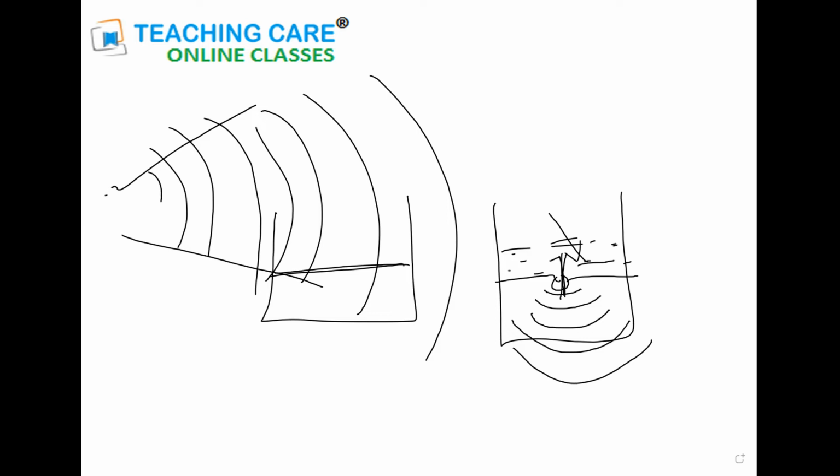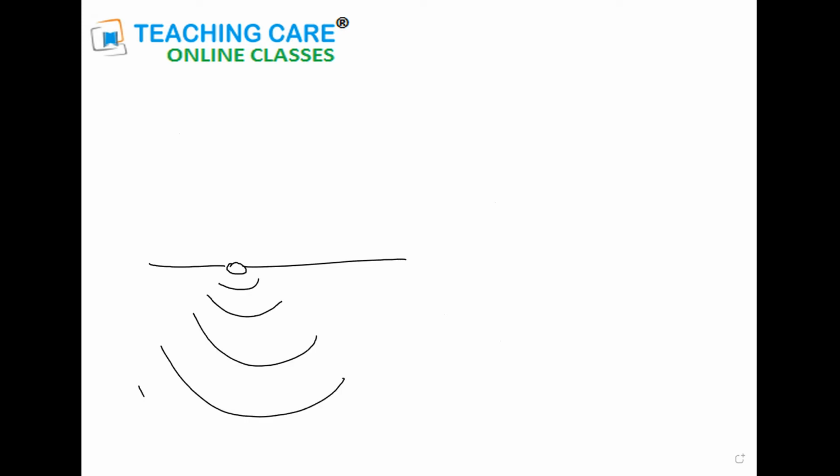Then write down note. This effect will be greater where the gap is narrower. That means when the space is narrow, like suppose this is the barrier and we have this much space, diffraction will be more in this case.